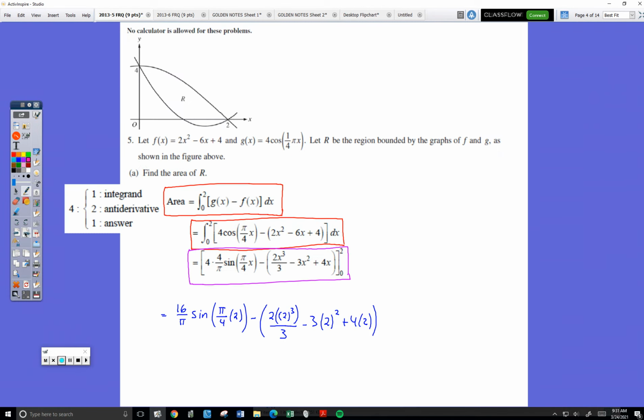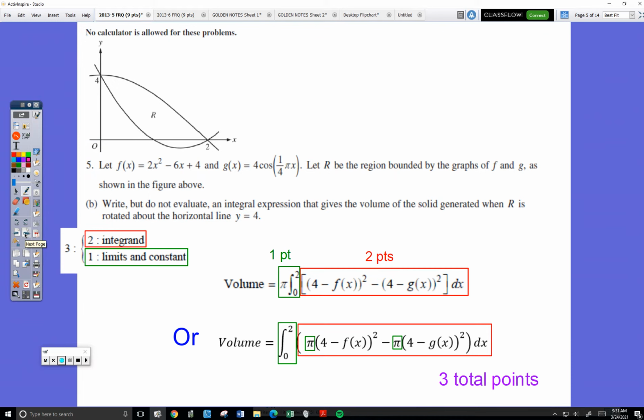So part B here. I prefer this method, to be honest. I take the outermost radius, 4 minus f. Make sure that's in parentheses, that gets squared. That gets multiplied by pi. This will compute the flat area of an entire circular slice.